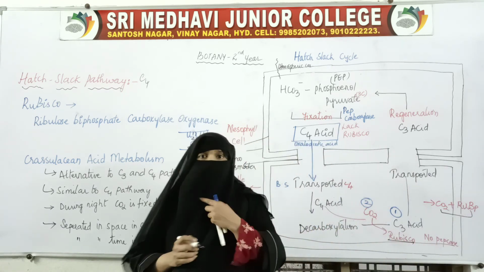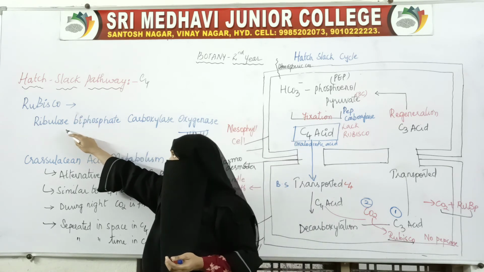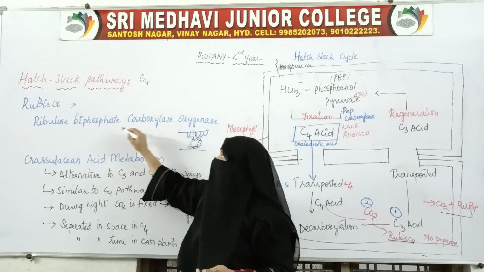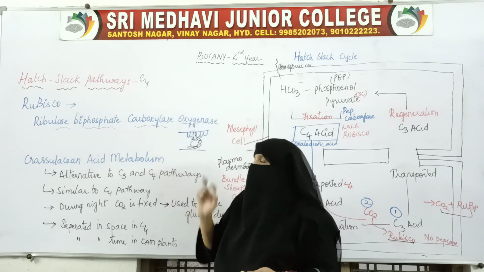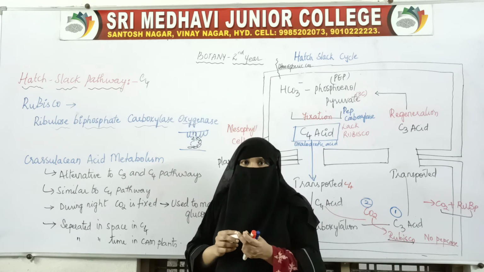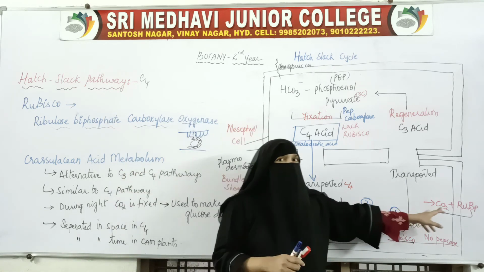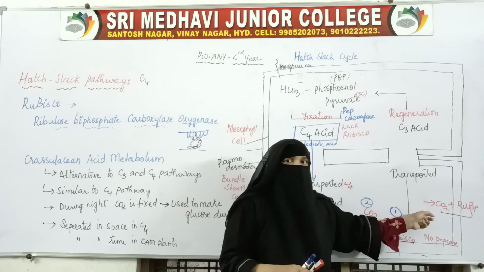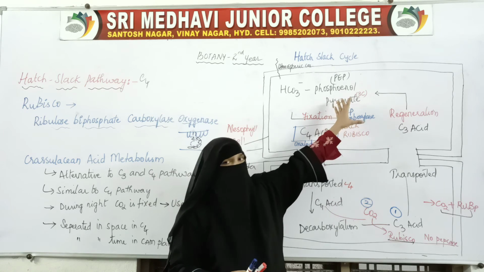Rubisco is ribulose bisphosphate carboxylase oxygenase, the name of this enzyme. This rubisco joins the carbon dioxide with RuBP. RuBP will be present in the bundle sheath cells.